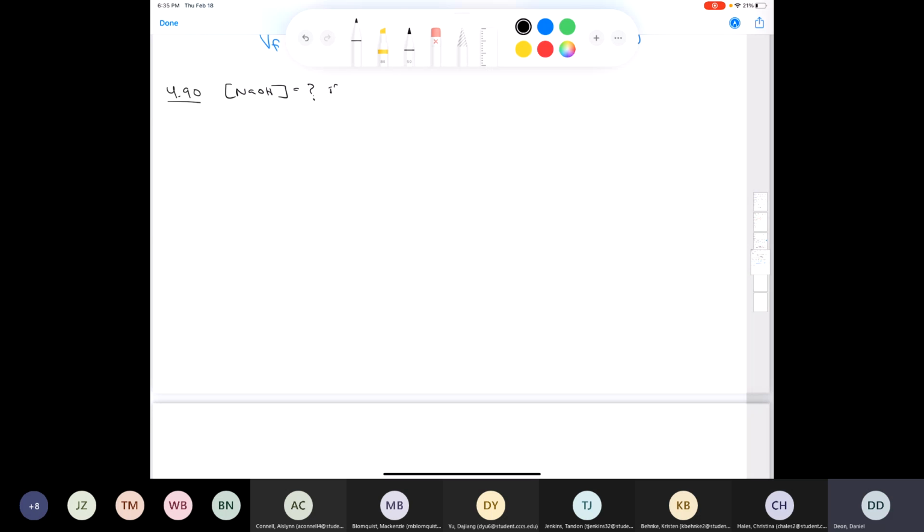If 25.0 mL of NaOH is required to neutralize 17.4 milliliters of a 0.312 molar HCl solution.